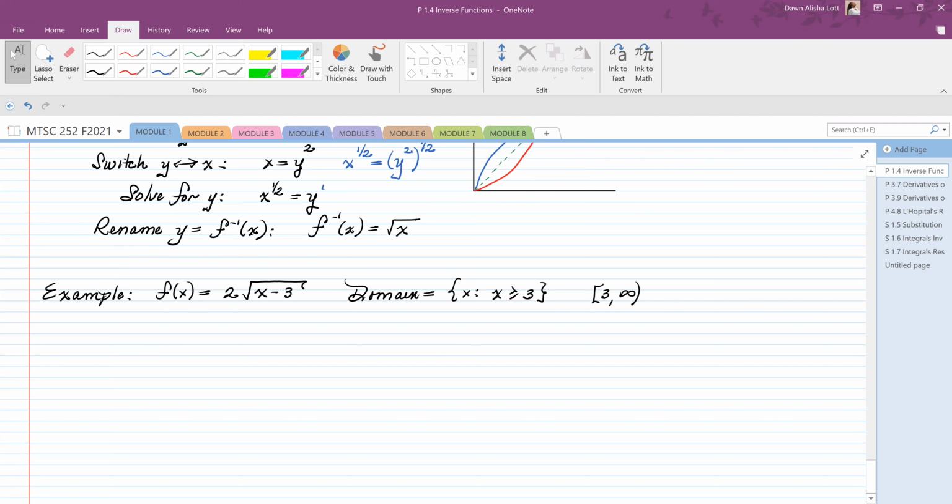Now, if I were to graph this function, let's graph it for a moment. I would get something that looks like this.